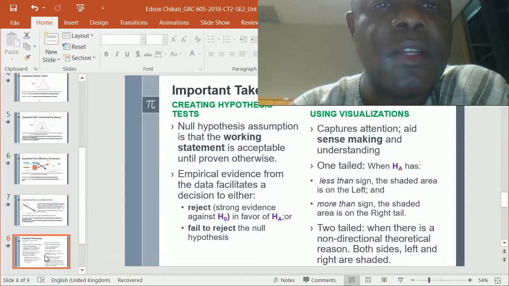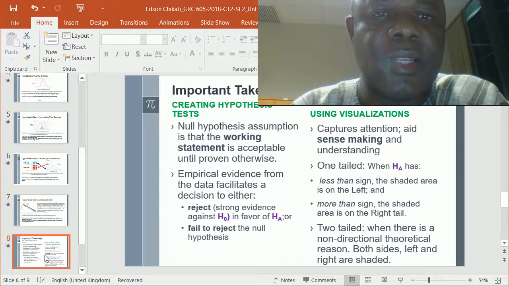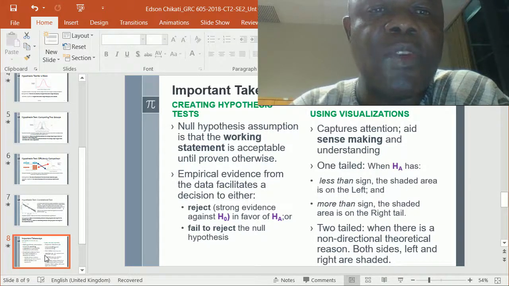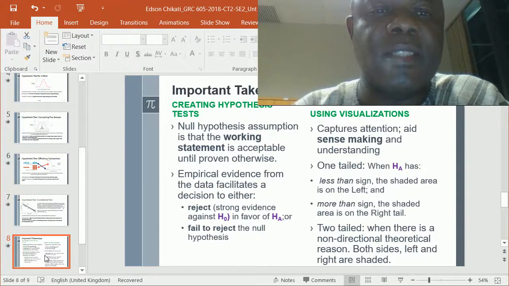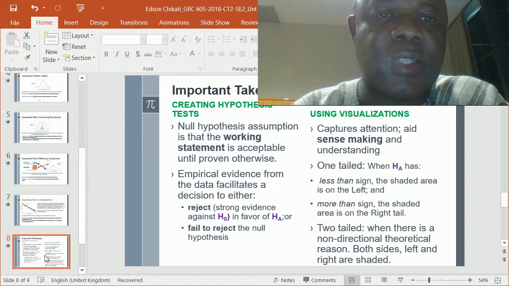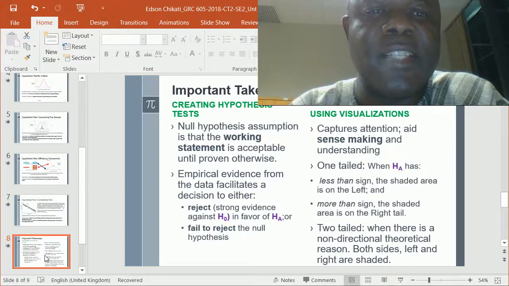Important takeaways on creating hypothesis test. The null hypothesis works on an assumption of a working statement which is acceptable until proven otherwise. Empirical evidence from the data facilitates a decision to either reject the null hypothesis.